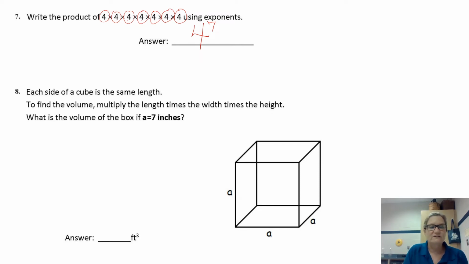Number 8, each side of a cube is the same length. To find the volume, multiply the length times the width times the height. What is the volume of the box if A is 7 inches? All right, so volume equals length times width times height.